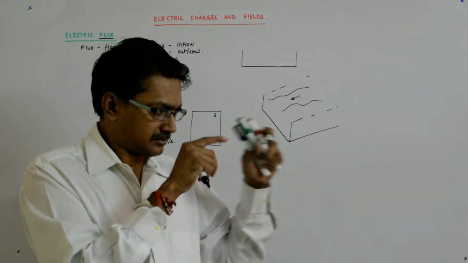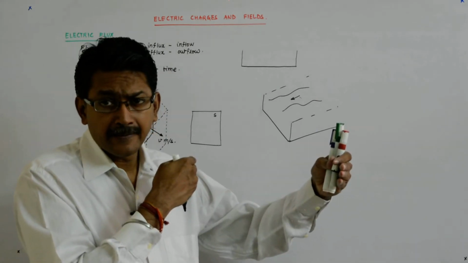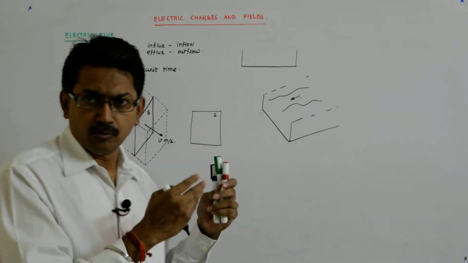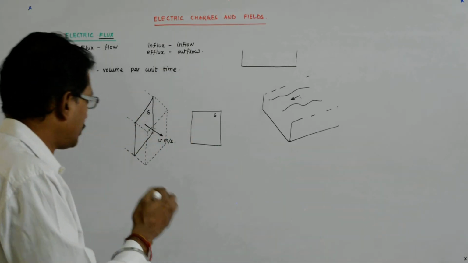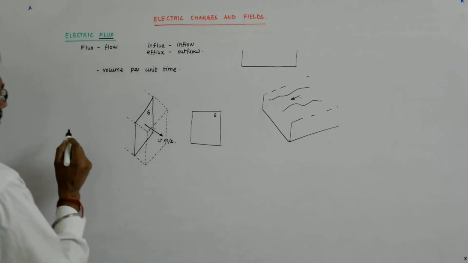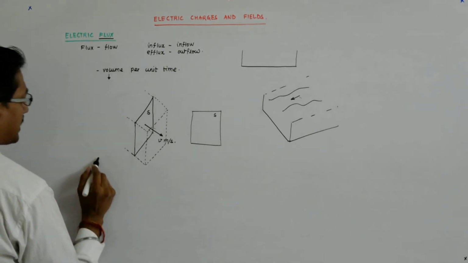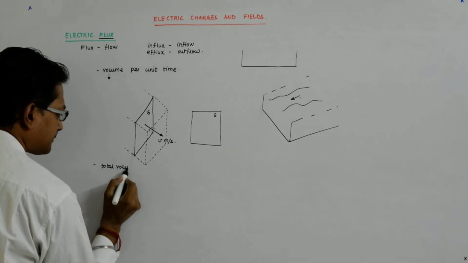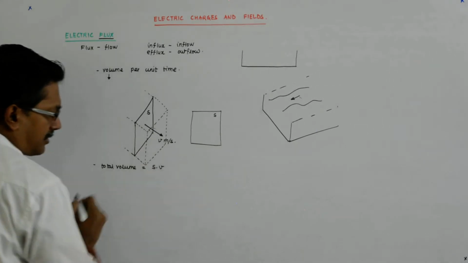And what is the cross sectional area of this? The cross sectional area will be S. So what is the volume that is coming out? It is a cuboid with cross sectional area S and a length v. So the total volume is equal to S into v.